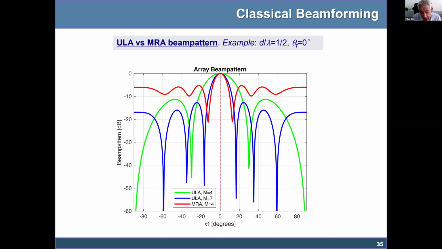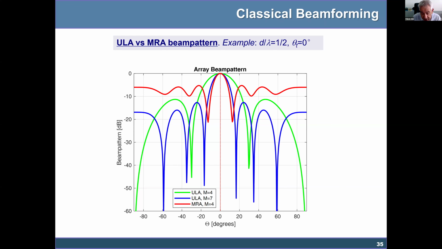Now, the MRA is not the best option, but it was the first kind of sparse array that was proposed 30 years ago. So I use an MRA here because the concept is very clear, and this is the message that I want to pass.